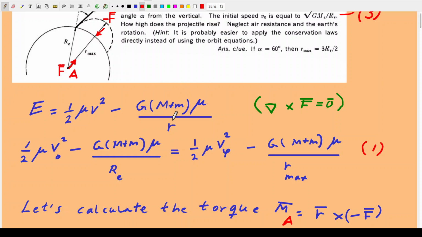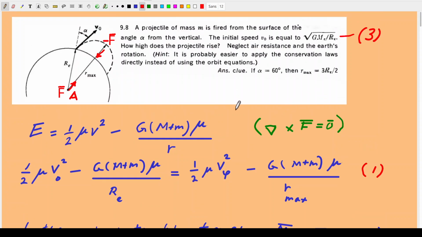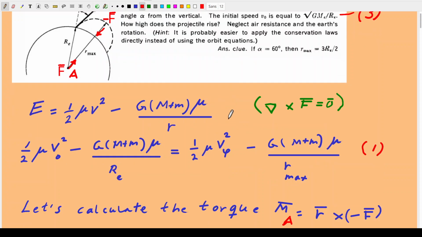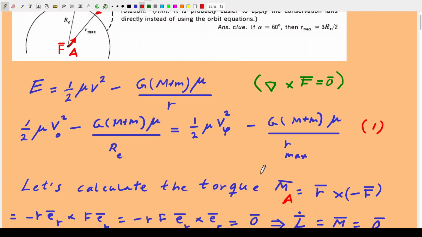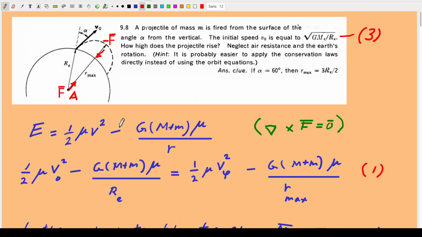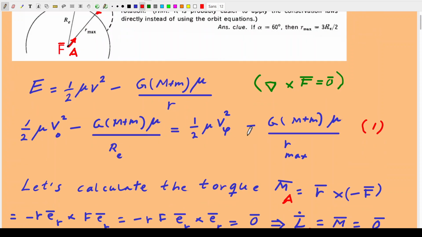So the origin is M plus m, and the orbiting projectile has a reduced mass. So anyway, the torque with respect to that point A can be calculated by vector products. And here, the first one is the mass M plus m.